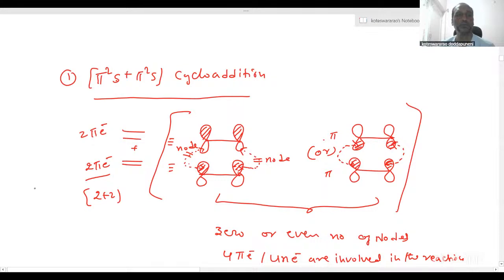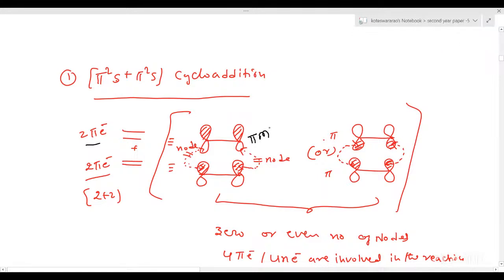Here, two pi systems, double bond and double bond, are undergoing cycloaddition. This is the 2 pi electron system, the pi molecular orbital of one olefin and the second pi molecular orbital.